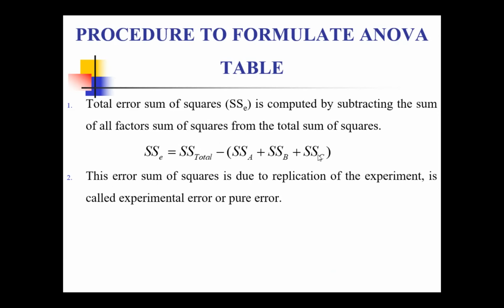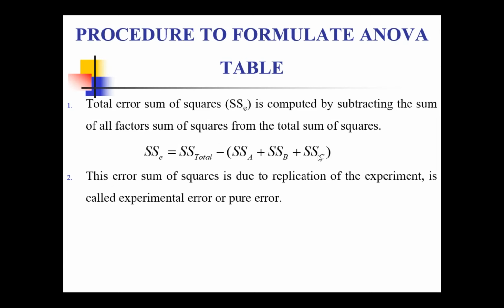The total sum of squares we first determine, then the individual sum of squares we determine. And the final thing is we have to compute the sum of squares for the error term, which is nothing but the difference between the total sum of squares minus the sum of squares of all treatments.